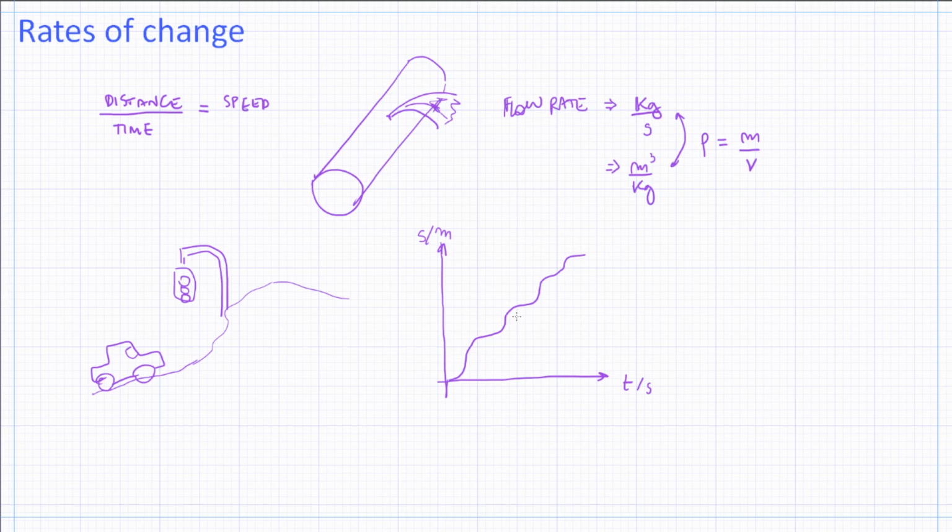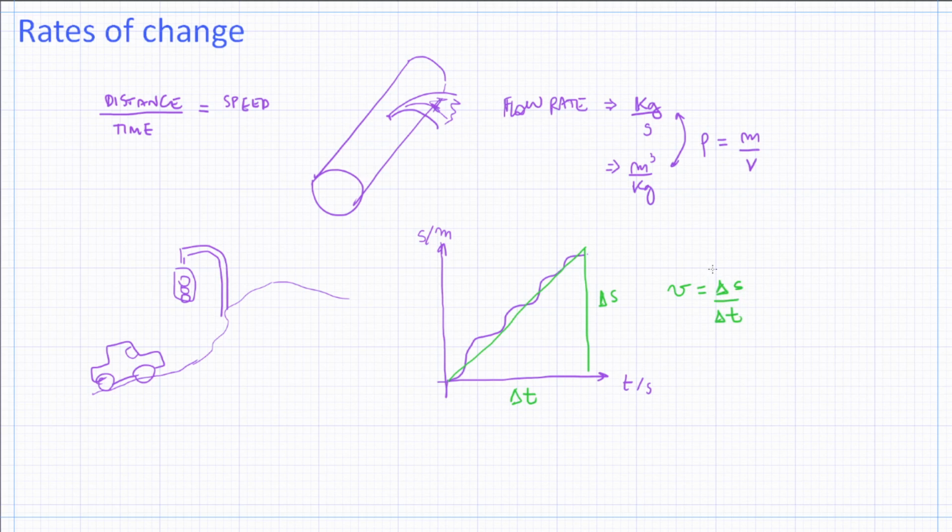So if you take this point and this point and make a triangle here, you could find an average speed, right? Here that would be delta S, how much you have displaced, and here it would be delta T. So your average speed would be delta S over delta T.